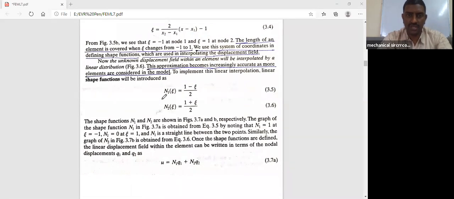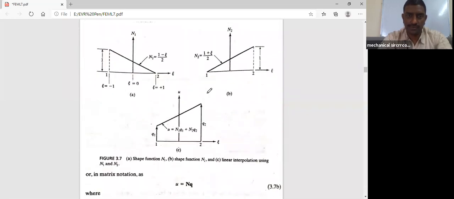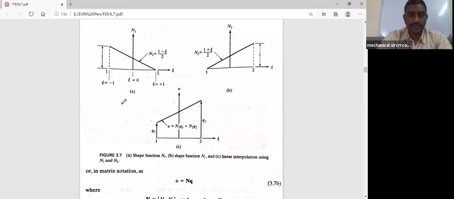N1 of j is (1 minus j) by 2, N2 of j is (1 plus j) by 2. Shape functions in natural coordinates. This figure shows the variation of shape function N1 over an element.